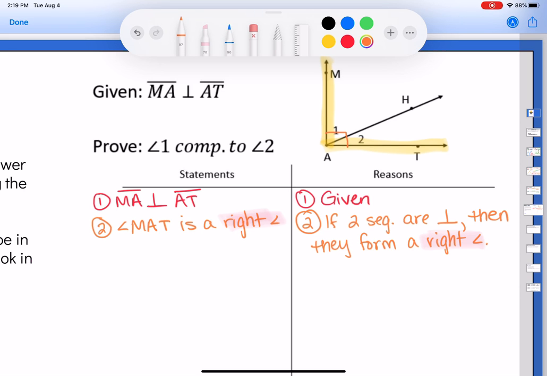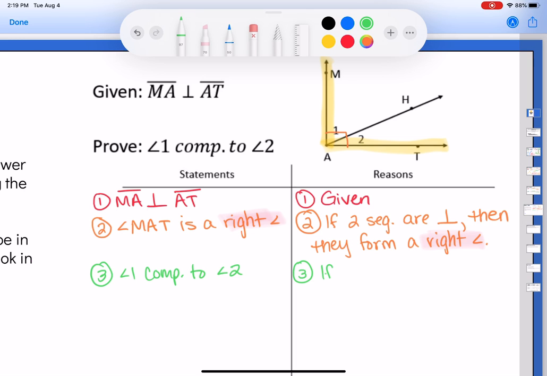All right, so now that I know that I have a right angle, and I'm trying to prove they're complementary, I think I can do that now, right? With my definition of complementary. So step 3: angle 1 is complementary to angle 2. And the reason is, remember, the if part has to be what has come before it in a statement.